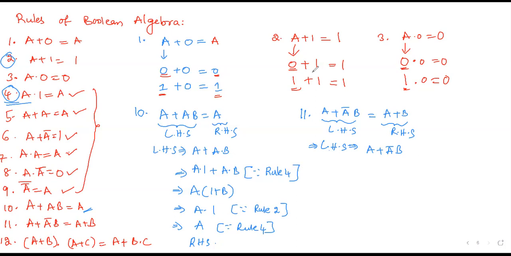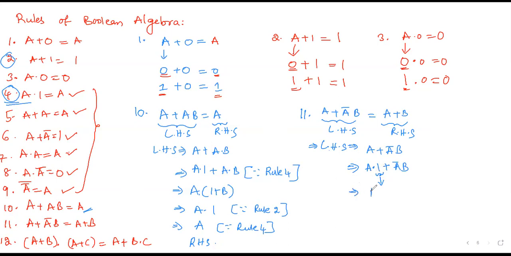So we can start with multiplying with 1 plus b after a. Right. You can write a into 1, a bar b. Yes, 1 you can replace with 1 plus b.